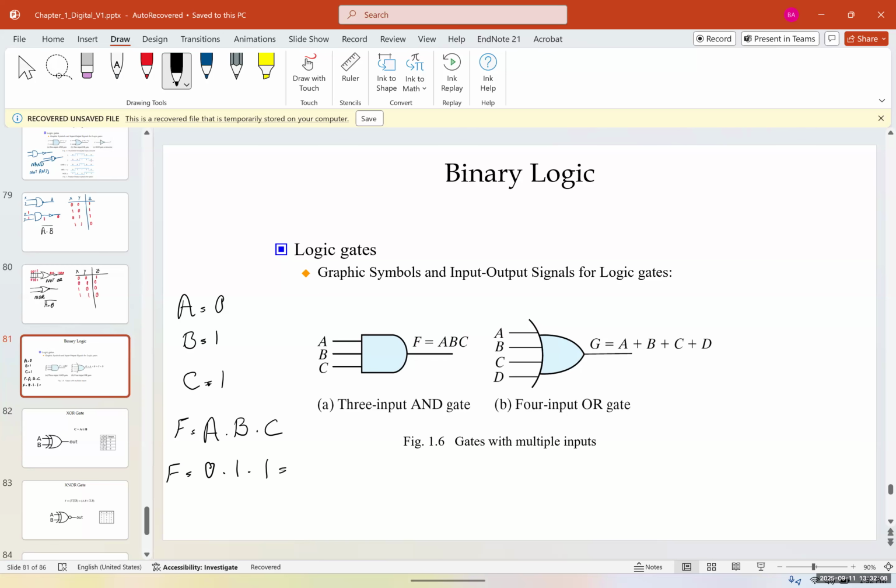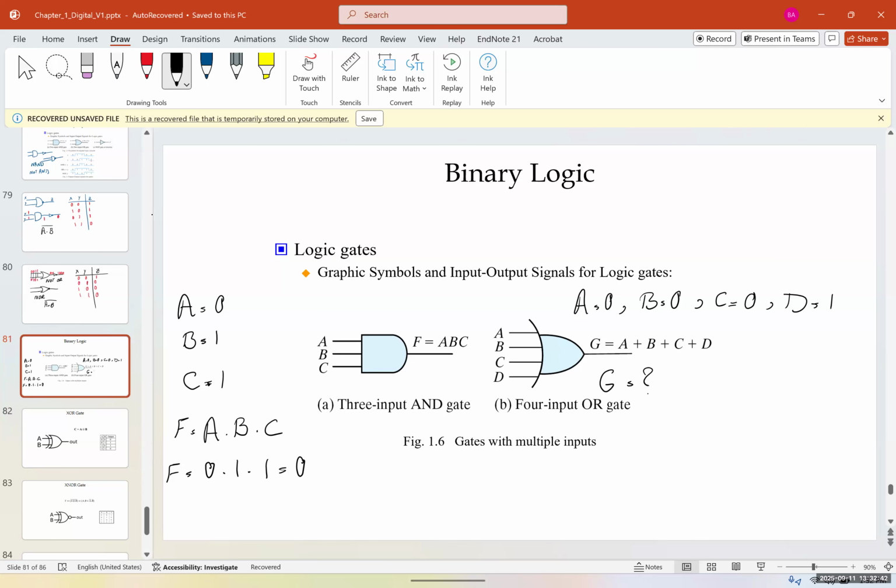It's like we are having A, B and C as 3 switches connected in series. If even one of them is open, the light would not turn on. Okay. Now the one on the right, if A is 0, B is 0, C is 0, and D is 1, what would the answer be?